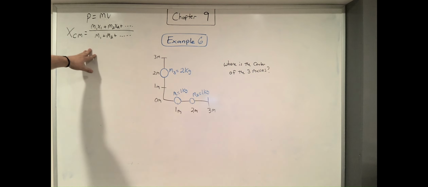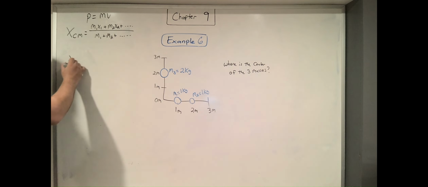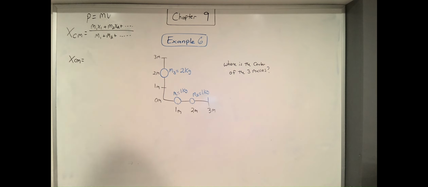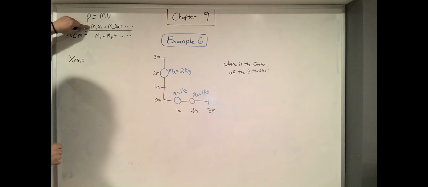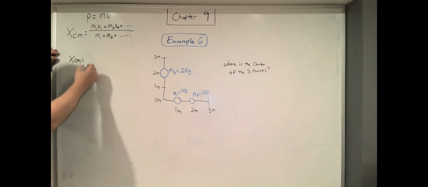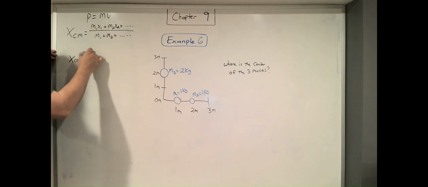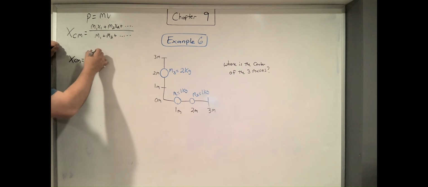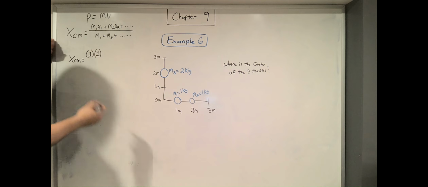Being that this is already written for the x position, I'm just going to go ahead and do the x position. So I want to find the x center of mass. Well, that's equal to the mass of M1, which is 1 kilogram, times the x position of mass 1. That's located at 1 meter.